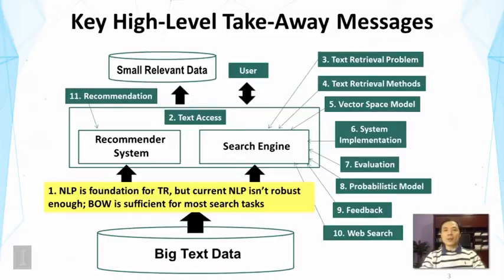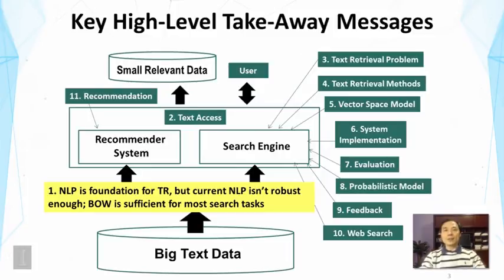But currently, NLP isn't robust enough, so the bag of words representation is generally the main method used in modern search engines. And it's often sufficient for most of the search tasks. But obviously for more complex search tasks, then we need deeper natural language processing techniques.